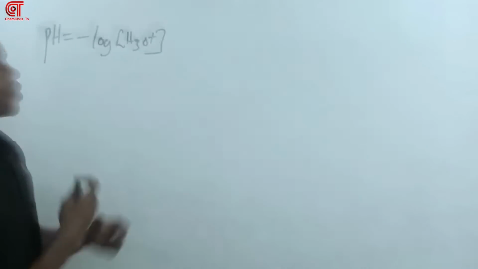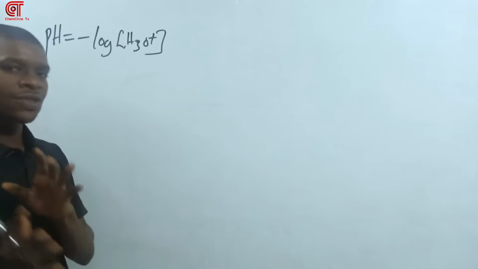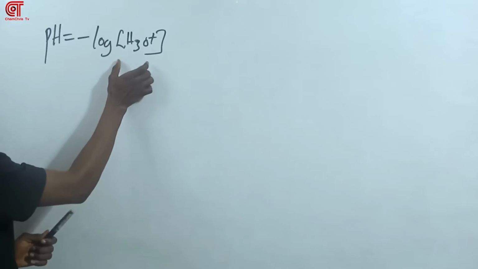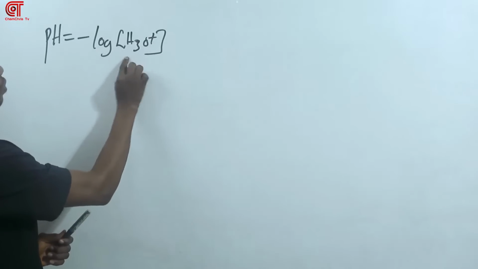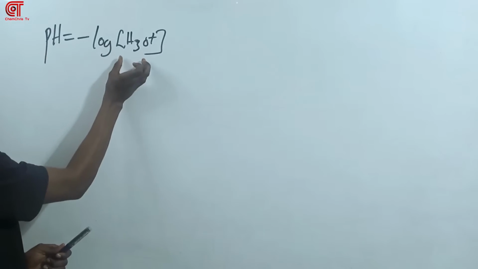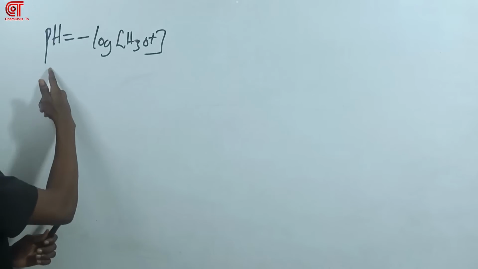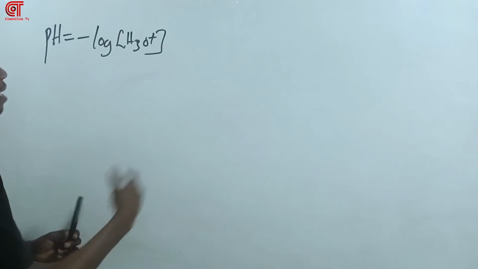Now, when I see H3O plus or H plus, it is for the acid. You use this formula when calculating pH when the concentration of the acid is given to you. What about if the pH is given to you and you have to look for the concentration of the acid?